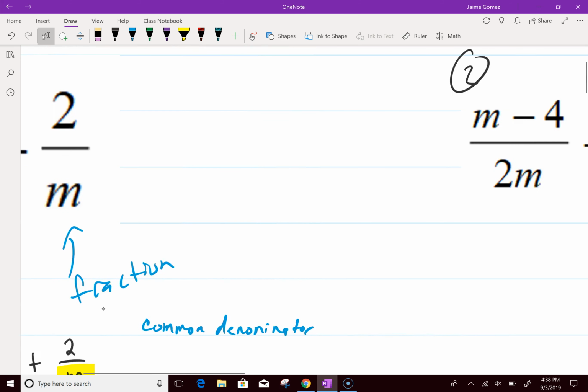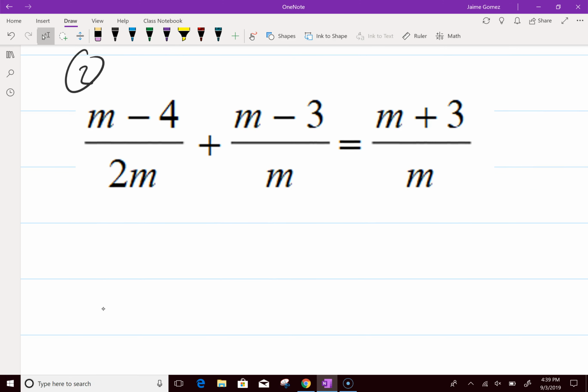I know it's a little confusing, especially when they get more big boy questions like this. First, common denominator. This is 2m, but this is just m, and this is just m. This has a 2 here. Can you make this be a 2m? Yeah, by multiplying it times 2.